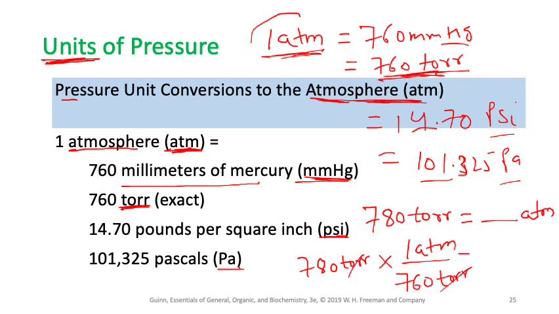Torr gets cancelled, and if you divide these two numbers, you're going to get around 1.03 atm. So that means I can say 780 torr is the same as 1.03 atm. So this is how you can interconvert different units of pressure. Right, so this is an example. Make sure you know how to convert, and make sure you know how to use an equivalency and convert it into a conversion factor. Okay, so let's get to the next slide.